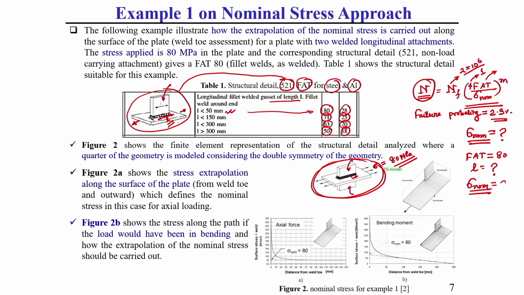For finding out the nominal stress of this geometry, we generally need to do finite element analysis. This finite element analysis you can do with different FEM software. What is FEM? FEM means finite element method.